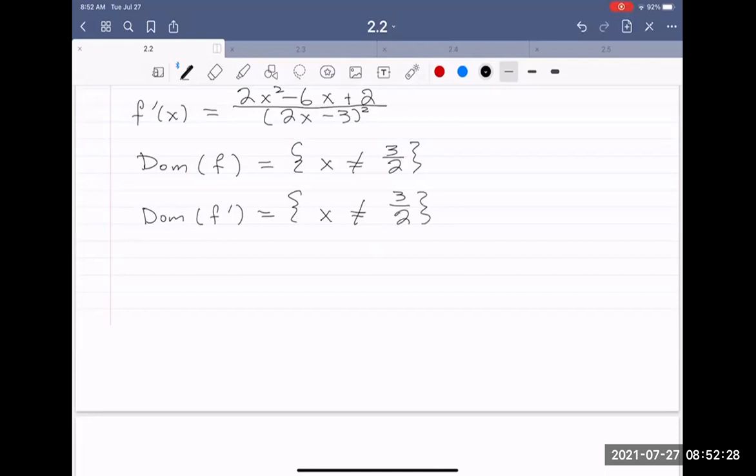And so just like before, we have that the domain of f prime is a subset of the domain of f. Any questions about this?